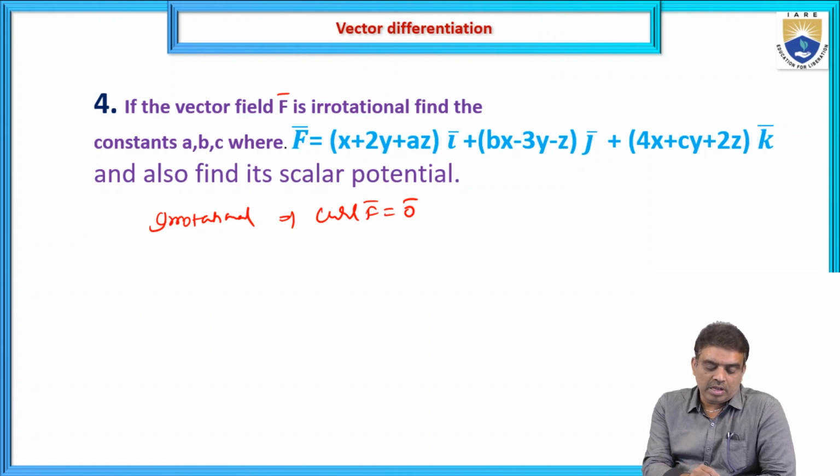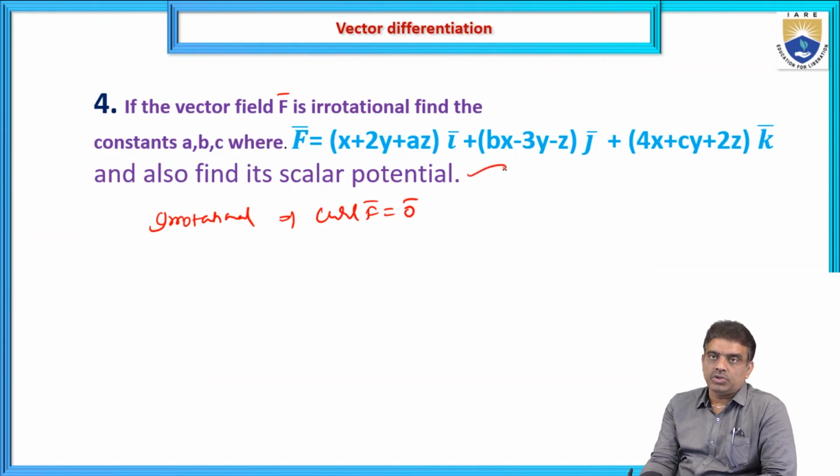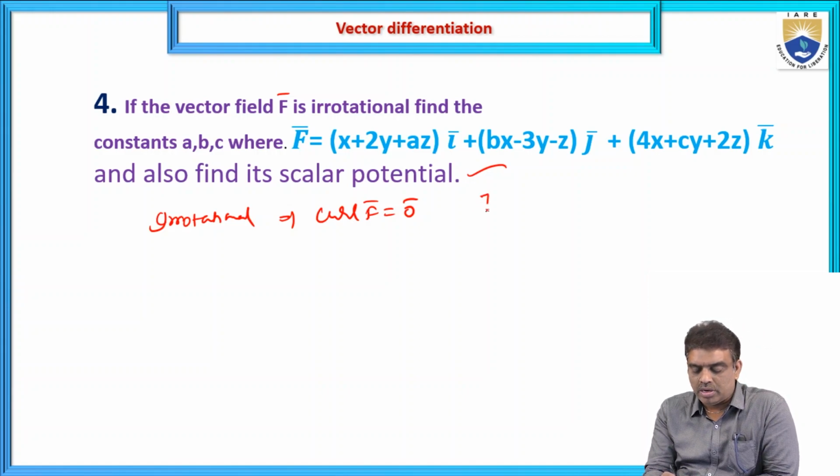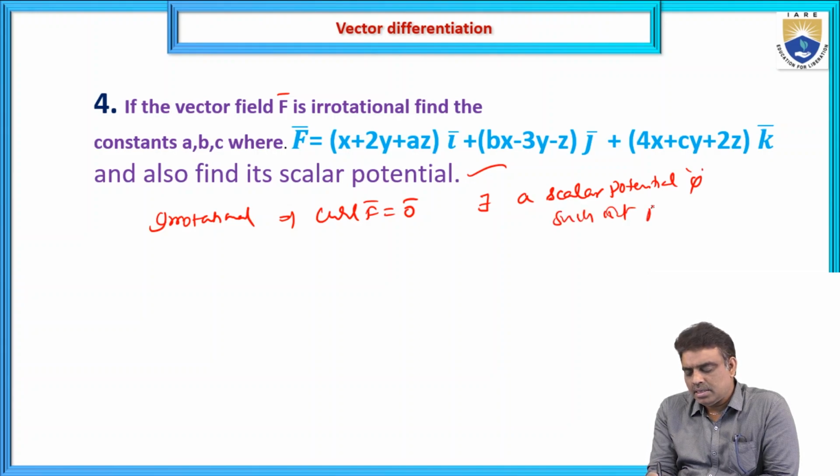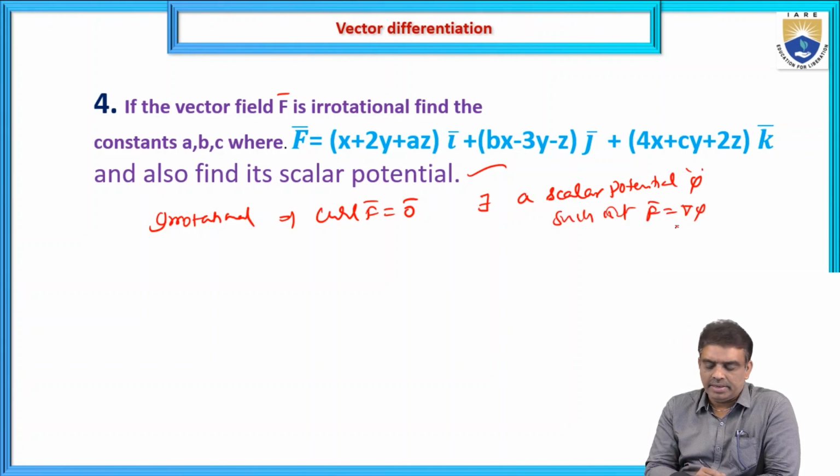Given f̅, you also have to find its scalar potential. That means if curl f̅ is equal to 0 bar, then there exists a scalar potential φ such that f̅ is equal to grad φ.